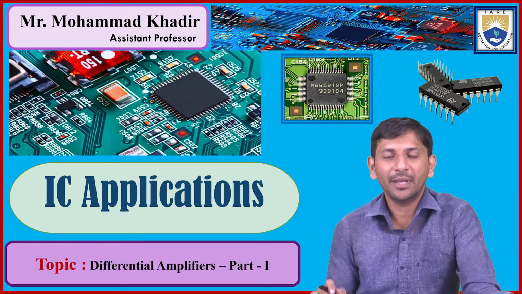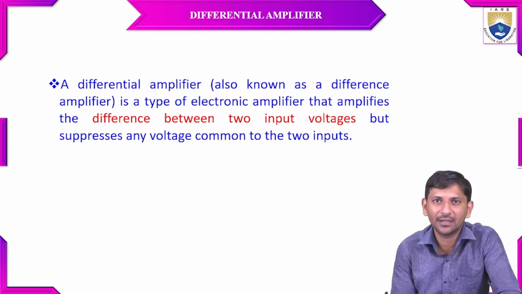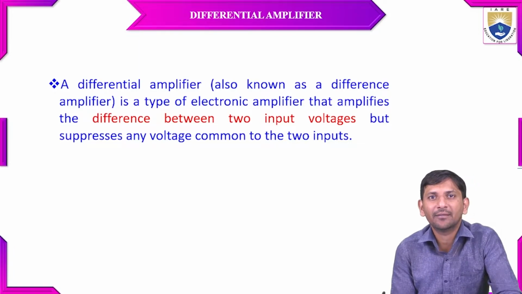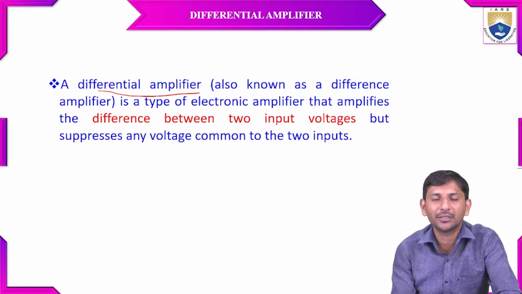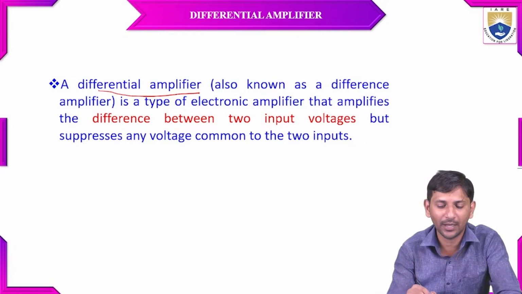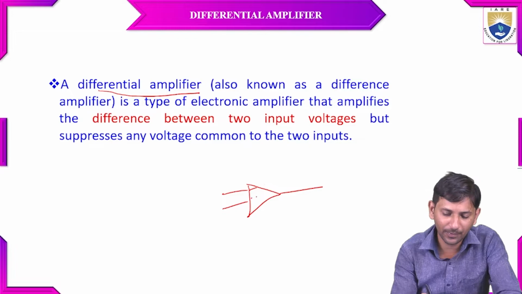So what is meant by a differential amplifier? The name itself mentions the difference between the given inputs of an integrated operational amplifier circuit. The differential amplifier gives the difference of the given dual input. It requires a two-input circuit where we apply two inputs V1 and V2.